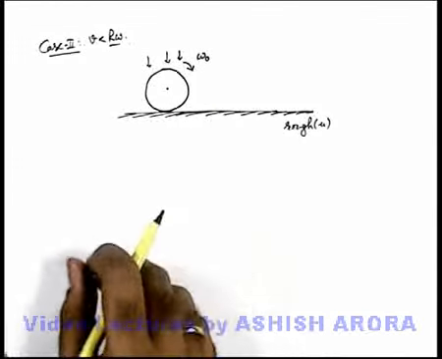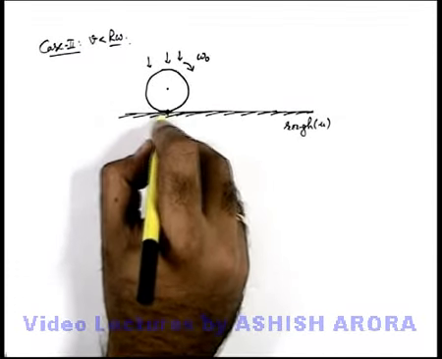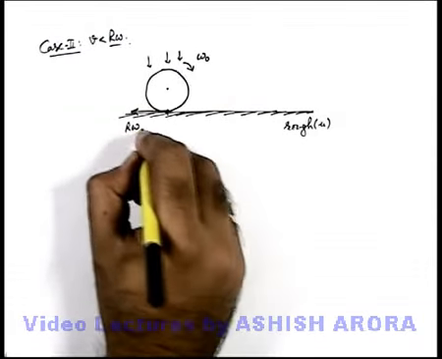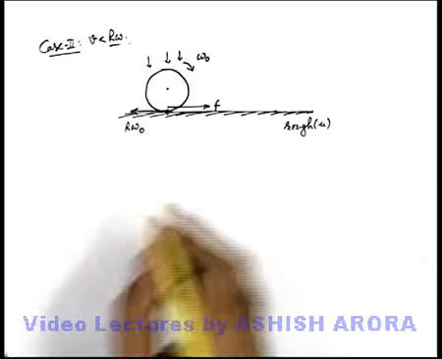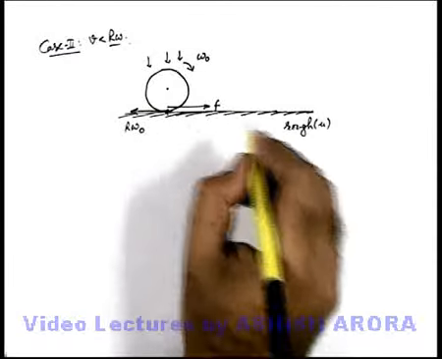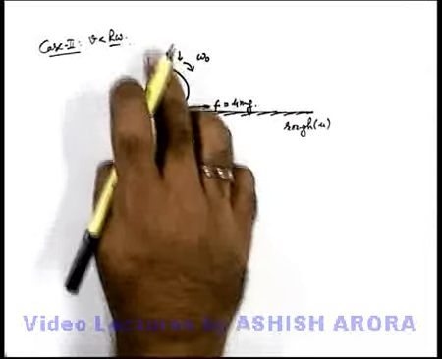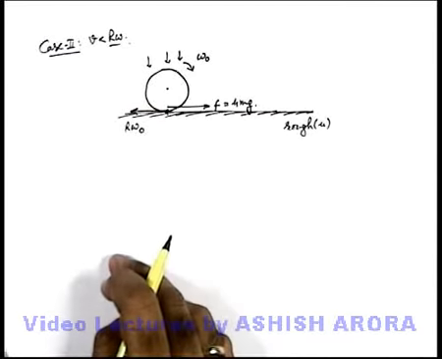So due to this rotational motion, the point of contact at the bottom will be sliding in the backward direction with the speed r omega naught, due to which the friction will act on it in the forward direction. And again, if the coefficient is mu, the friction can be written as mu mg, because in this situation the normal contact force will be balancing the weight of the body.